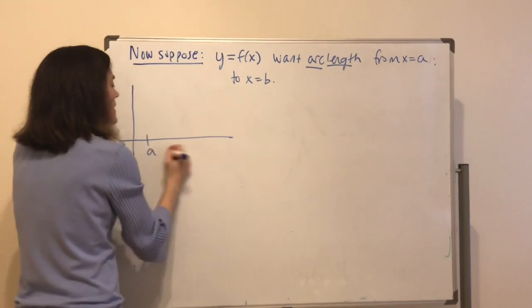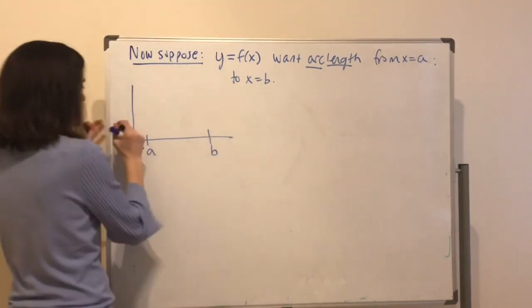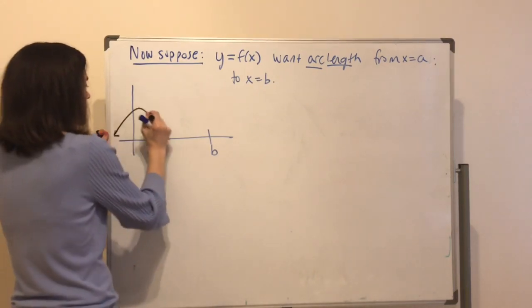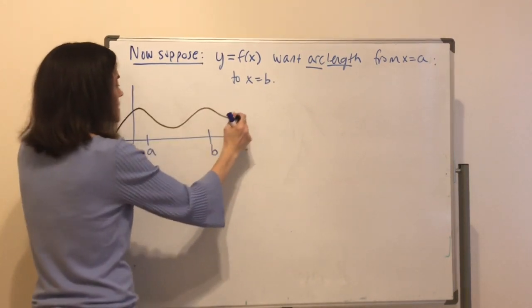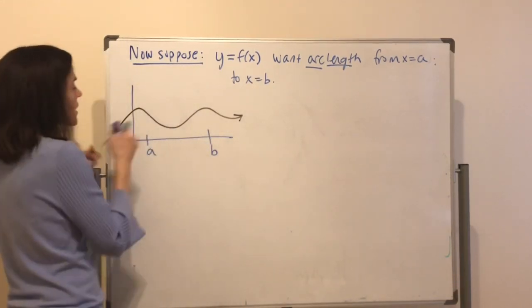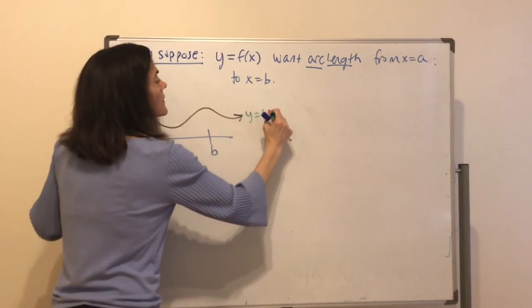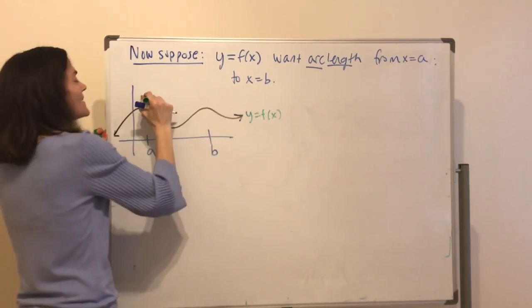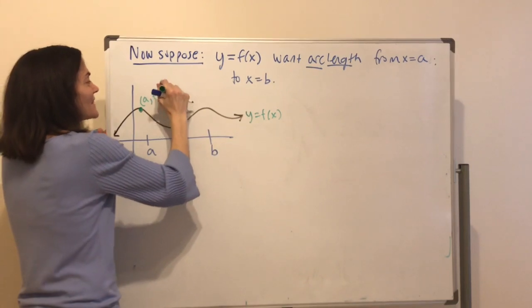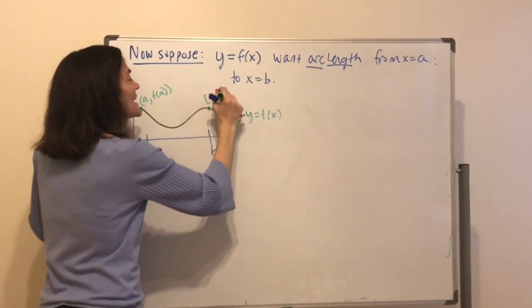You have some a, some b, some function. Okay, what it means is that you start at the point a, so this is y is f of x. You start at a, comma, f of a, and you end at b, comma, f of b.